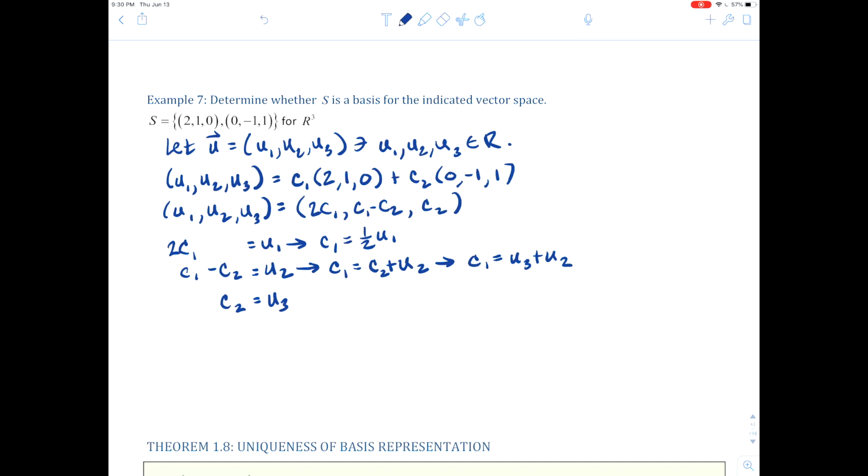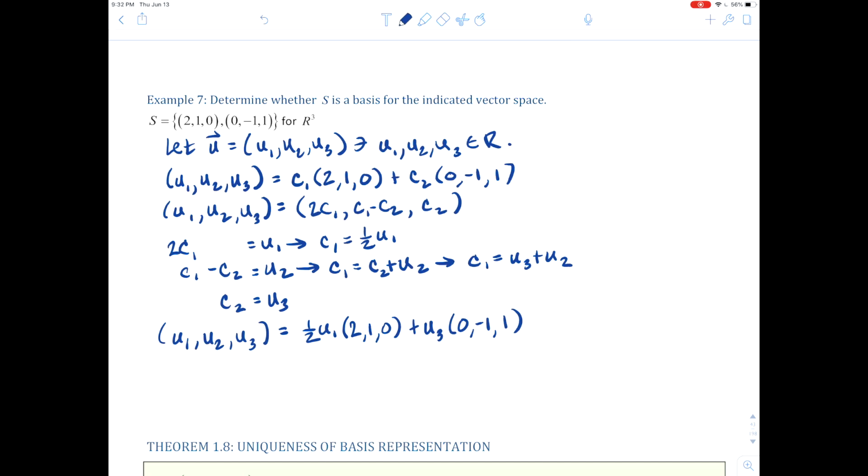What we got here was this. We got that U1, U2, U3, so any vector in R3 can be written as C1 times the first vector. So we have two expressions for C1, so I'll do it different ways. So 1/2 U1 times (2, 1, 0) plus U3 times (0, -1, 1).